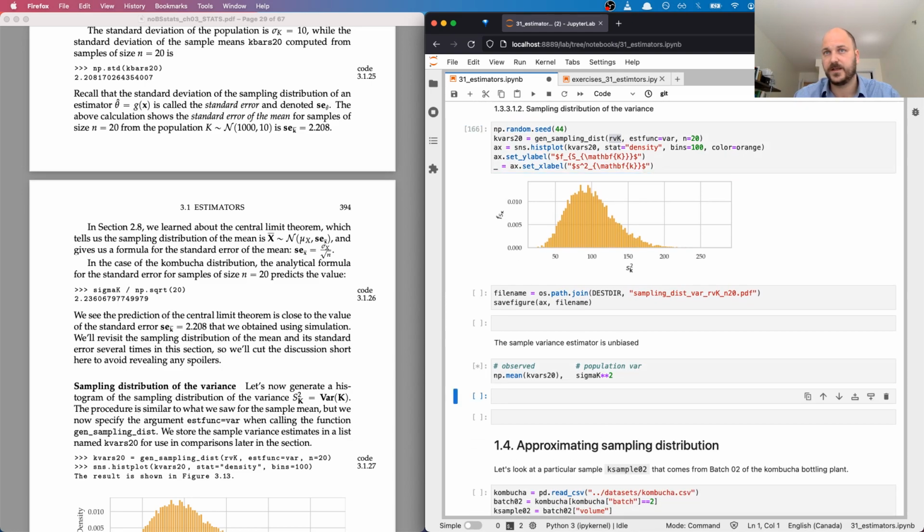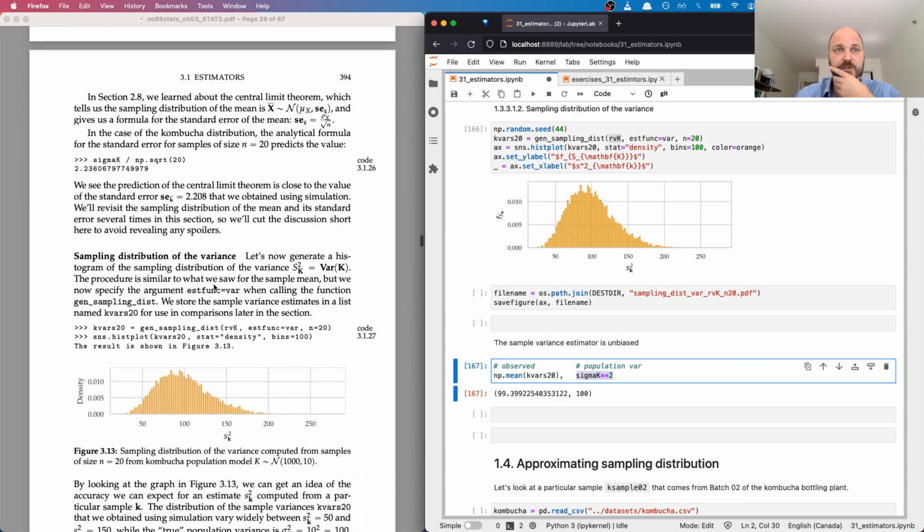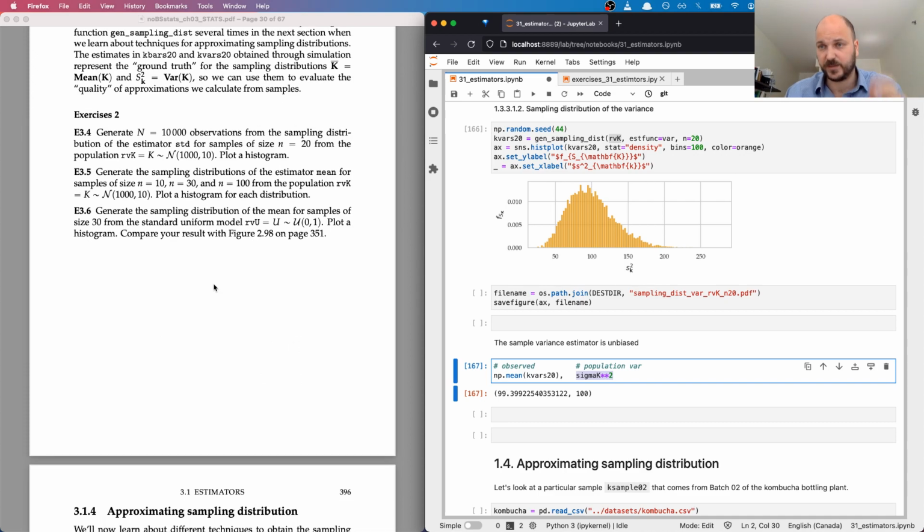Okay, and we see that the mean of this distribution is roughly equal to the population variance. Okay, so why is this important? It's because every time you compute an estimate based on a particular sample, you're going to get one number.